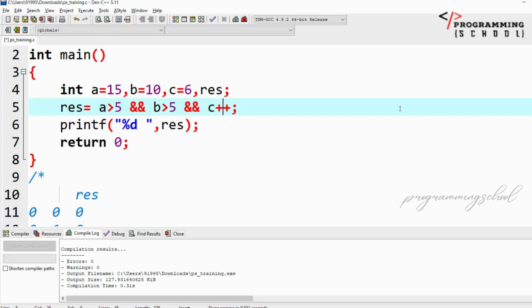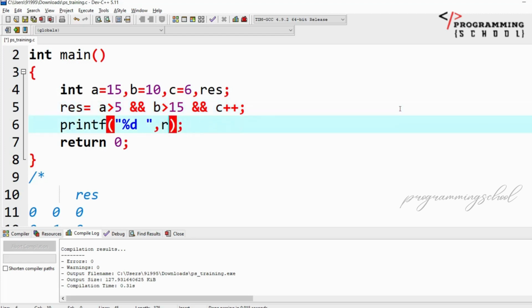For example, I am going to write like this. Now I am going to check what the values are here. I am going to write percentage d. I am going to print the result value first, then the A, B, C values. Okay, a total of 4 values I am going to print here.